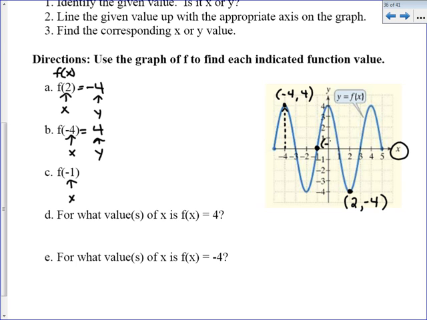And this point is (-1, 0), and I go up 0, so the corresponding y value then is 0. So if you're given the number in parentheses, you have x. What you're doing is you're going to your graph and you're looking for what y value it corresponds with. Questions?